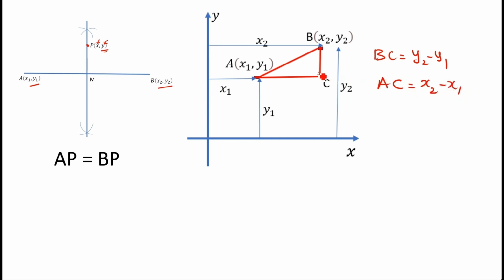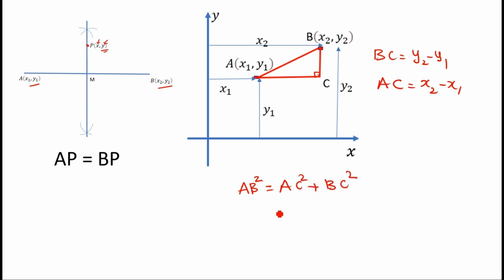So this is a right angle triangle. We know the 2 sides. How do you find the hypotenuse, that's the distance between the 2 points AB? You know the Pythagoras theorem, right? So AB square is equal to AC square plus BC square.